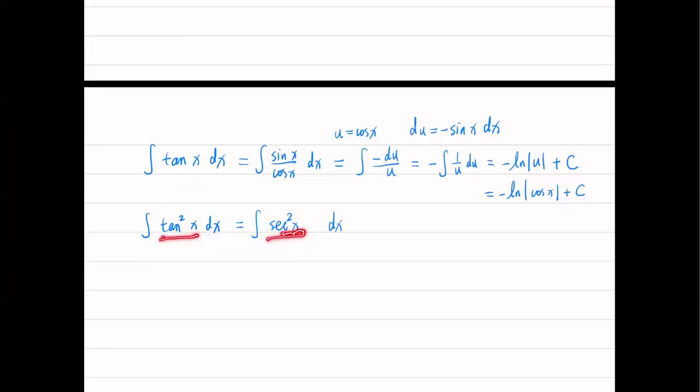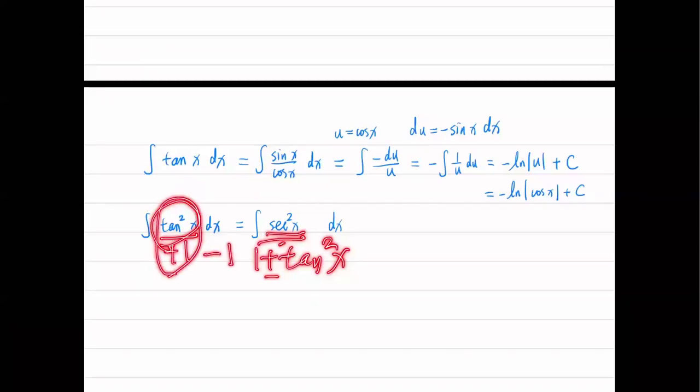Okay. So we know that secant square is 1 plus tangent square. We only have tangent square here. How do I get secant square? We have to add 1, then minus 1. So this gives the secant square, minus 1 stays.